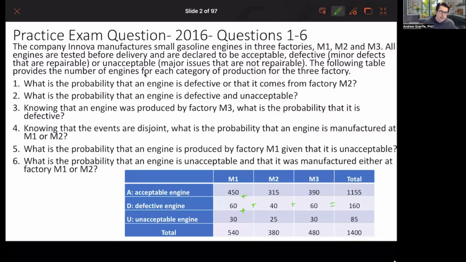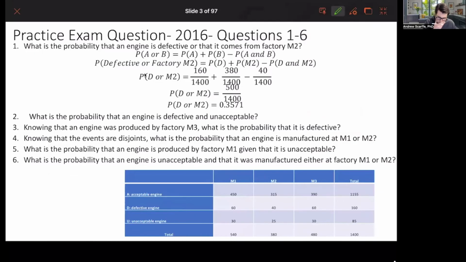What is the probability that an engine is defective or that it comes from factory M2? Well, you'll remember this from your course. The probability of A or B is equal to the probability of A plus the probability of B minus the probability of A and B. In this case, we have our little Venn diagram here. These are non-disjoint.